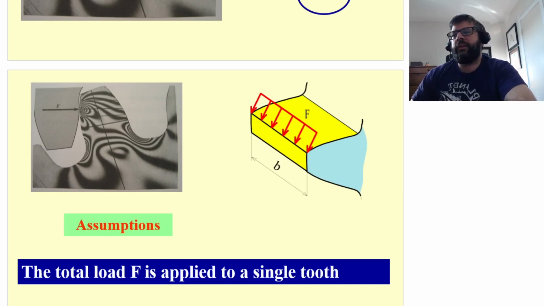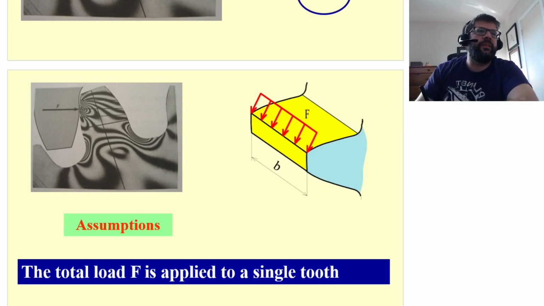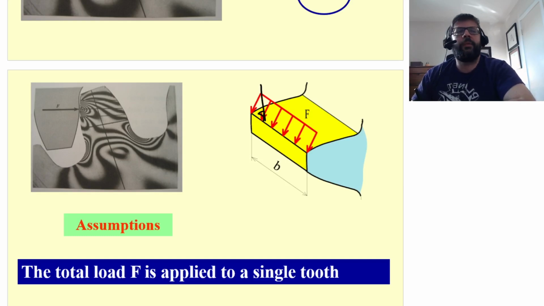Back then they didn't have precision gears where you could get load sharing, so the assumption was that the tooth came into contact all at once, and the entire load was applied at a single tooth. So you always got a point where the maximum load was at the end of the tooth.